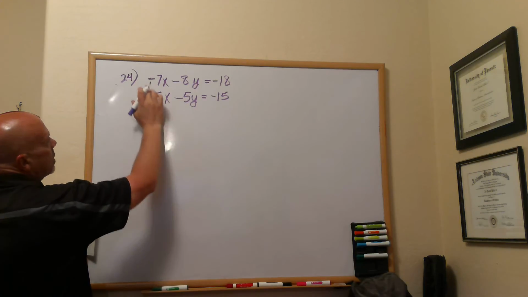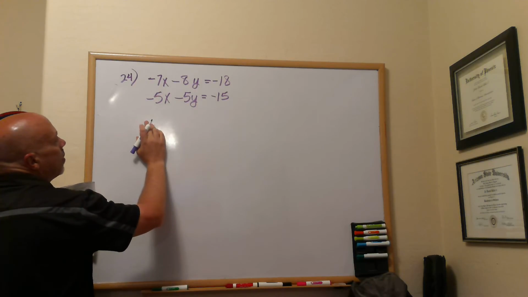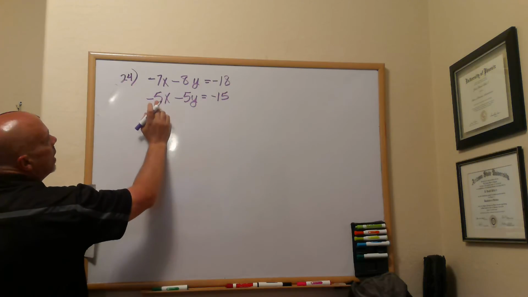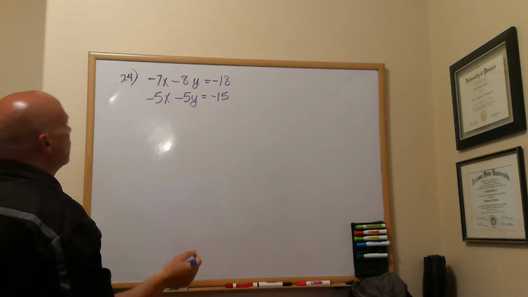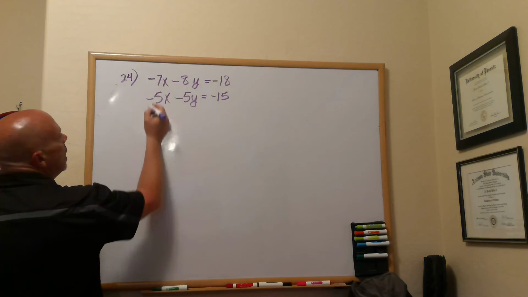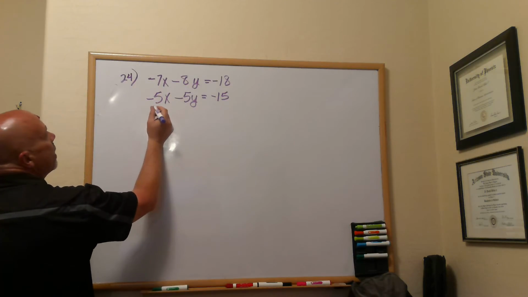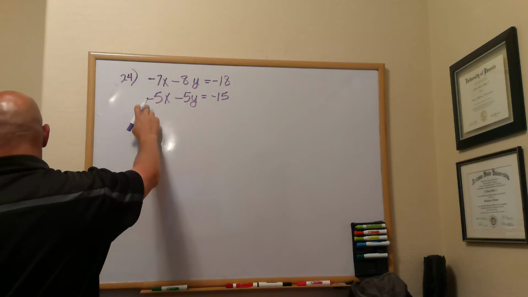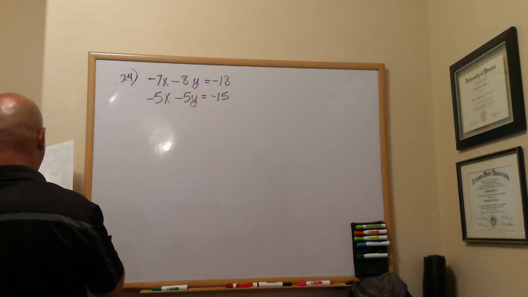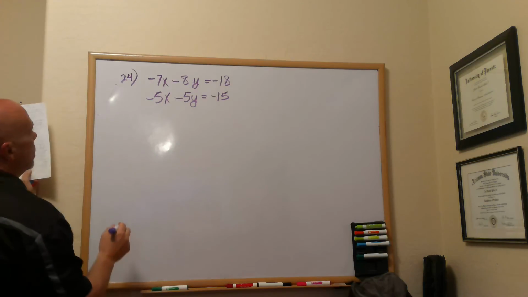So how would I get to a number that would cancel out? Well, in this case, 7 times 5 is the lowest common factor between the two. So I'm looking to get to 35. So I want this to be a positive 35 and that to be a negative 35 or vice versa, but one of them has to be positive and one has to be negative.